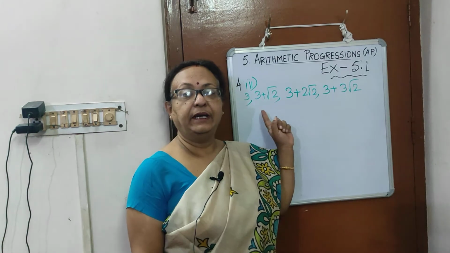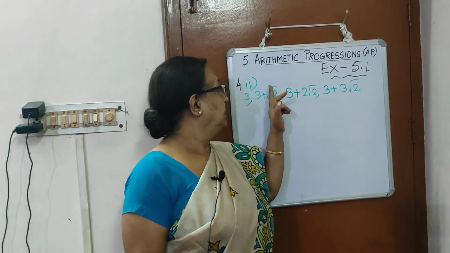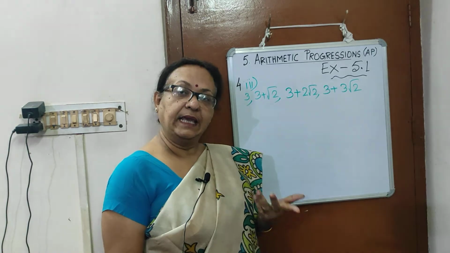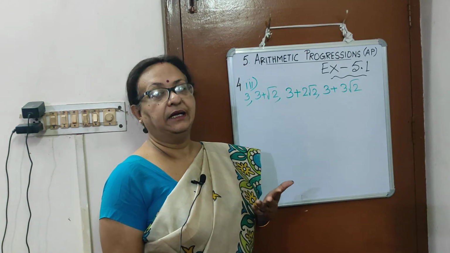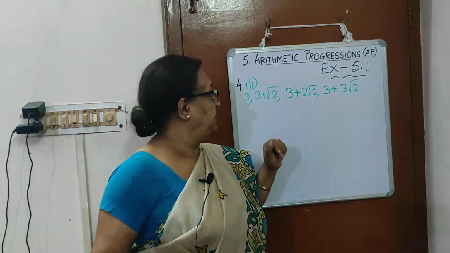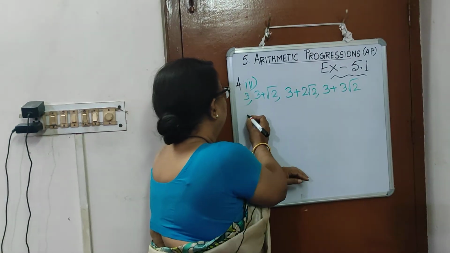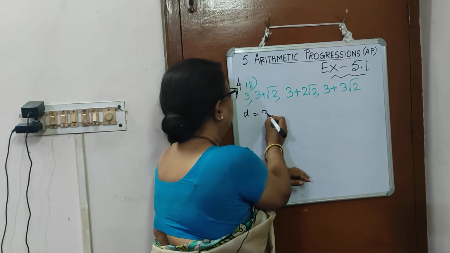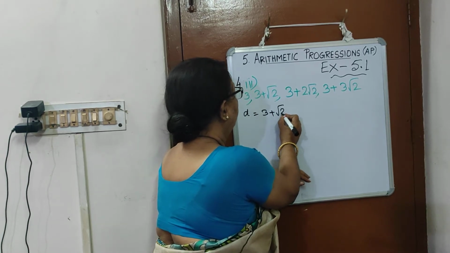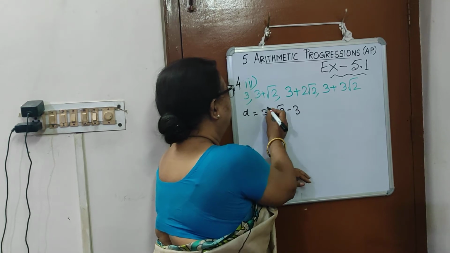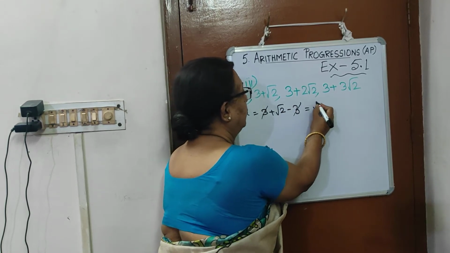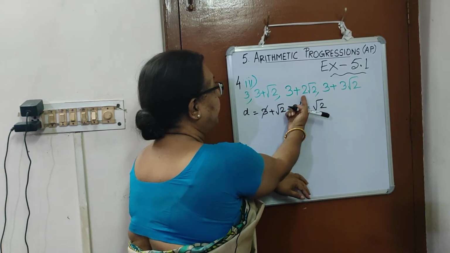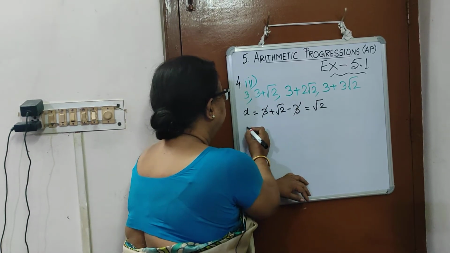Okay children, we take up another sum, the third one. Again, this sequence is given to you. Now again the rule is the same, we find the difference between two terms. So let us start. D, A2 minus A1, 3 plus 2 root 2 minus 3, 3 minus 3, you get root 2. Next, we find the difference between the third and the second term.